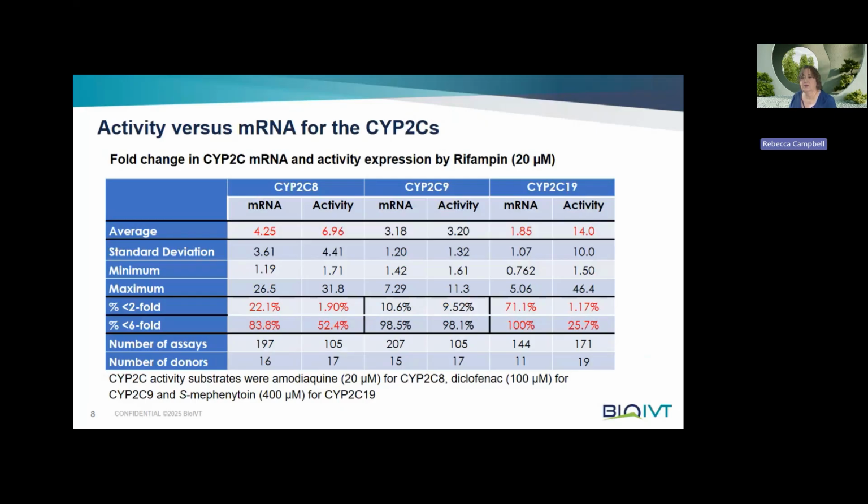Again, we see a similar trend with rifampin failing to reach sixfold in 83.8% of assays when evaluating CYP2C8 mRNA versus 52.4% of CYP2C8 activity assays. This is important to note because when the prototypical inducer positive control reaches sixfold or greater, the interpretation of in vitro induction by a test article is much clearer when interpreting the potential for drug-drug interaction risk by in vitro induction results.